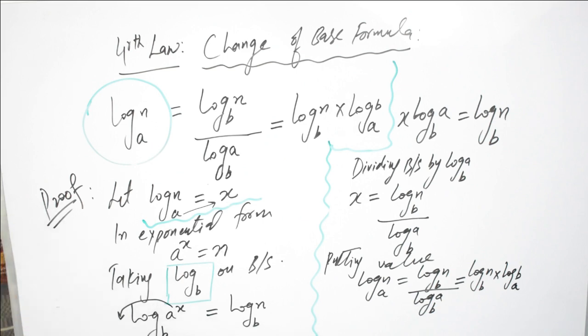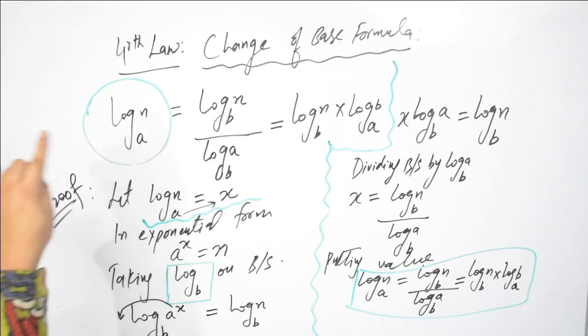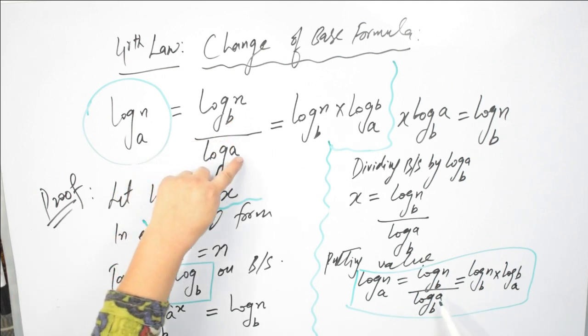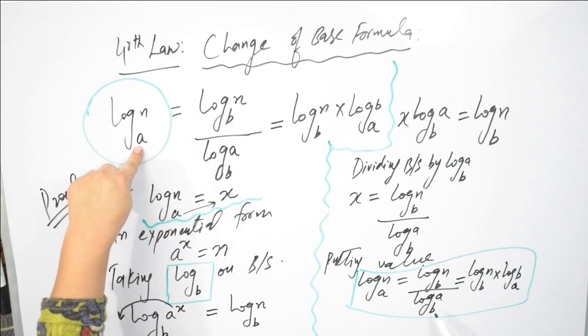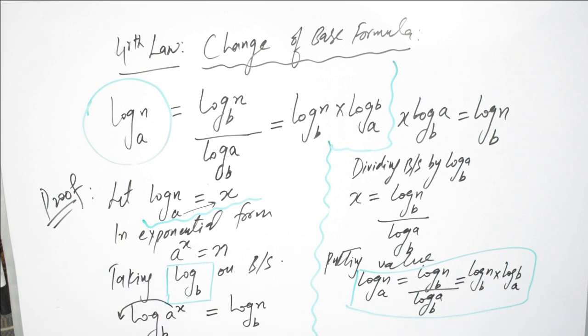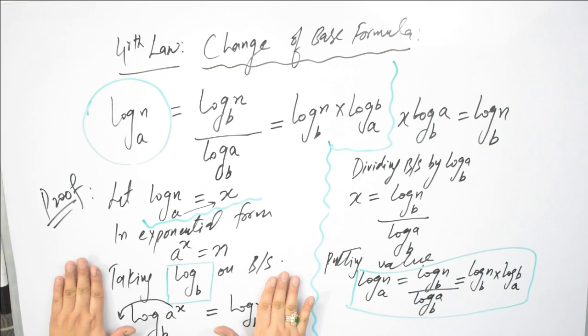Hence proved. So ये हमारा fourth law, my fourth law is proved, that is log of n to the base a is equals to log of n to the base b upon log of a to the base b. Two new bases में I have written this instead of this base, और इसको मैं इस तरह से भी लिख सकती हूँ. So this is my change of base formula, which is my fourth law.